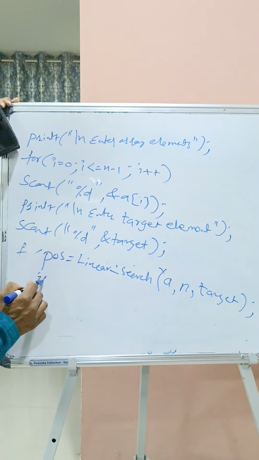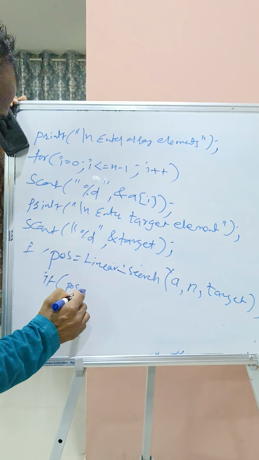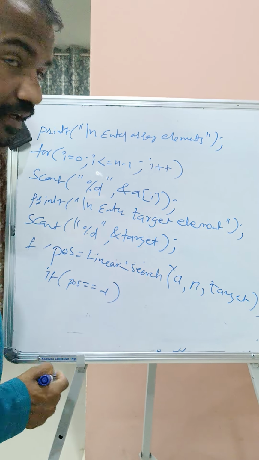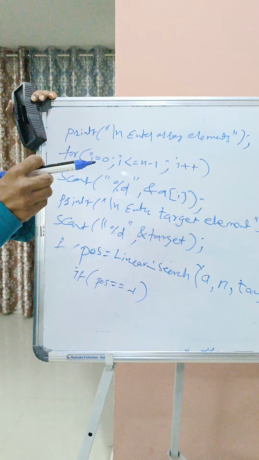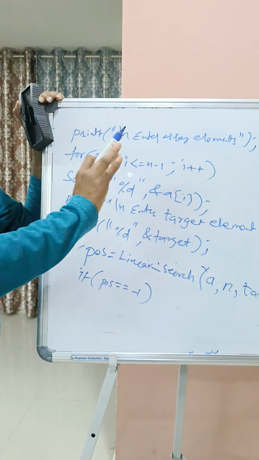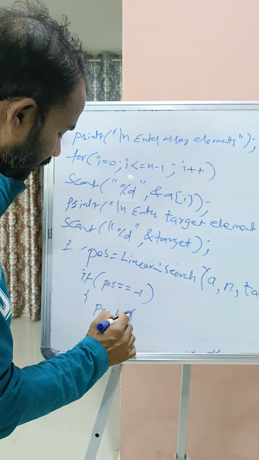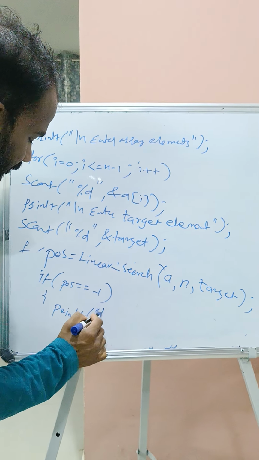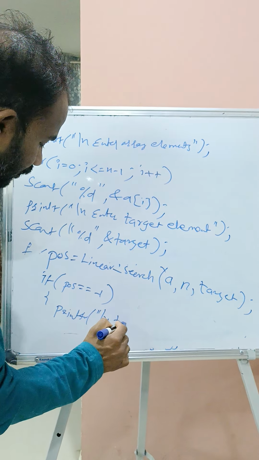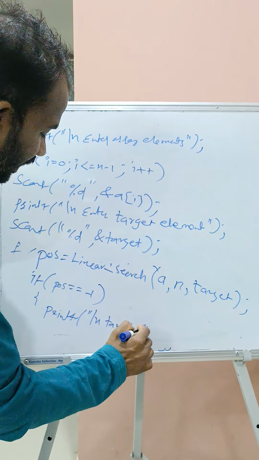Right? If the position is equal to minus 1, when we are returning minus 1, the target element is not present in the array. So printf one output is "target not present in the array".